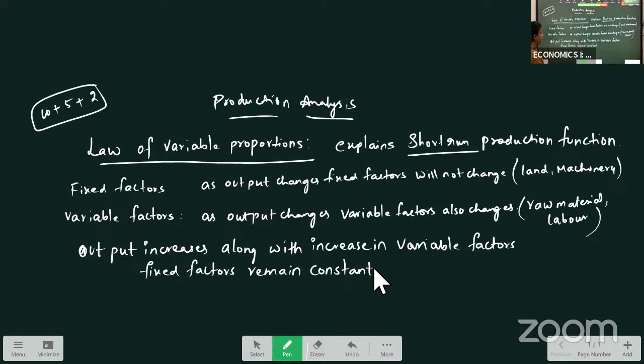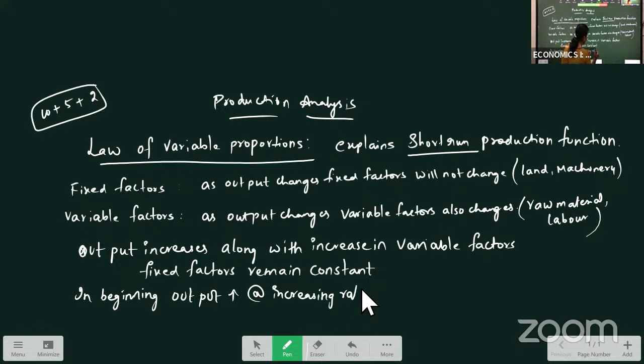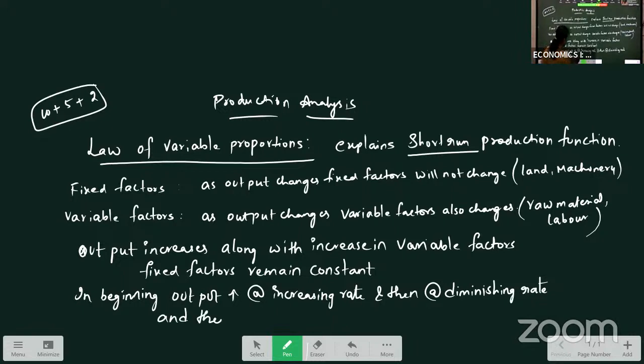So in the beginning, as we increase our variable factors, output increases at an increasing rate, and then at a diminishing rate, and then decreases. See here, what is the law that is explaining?